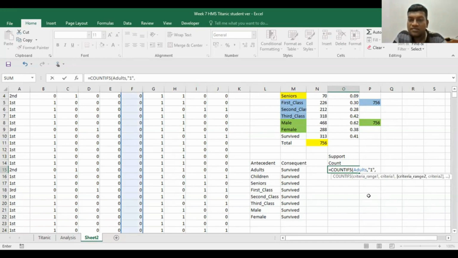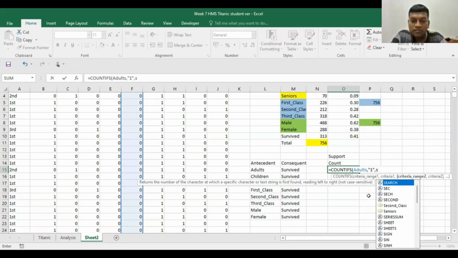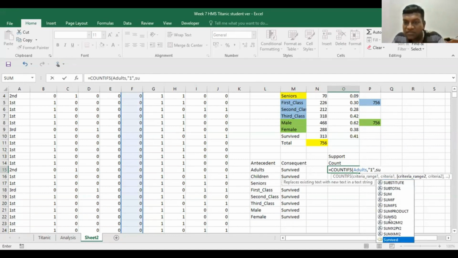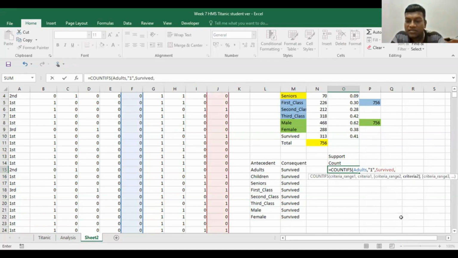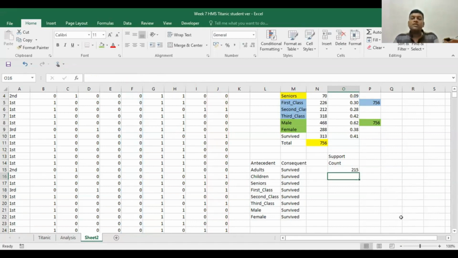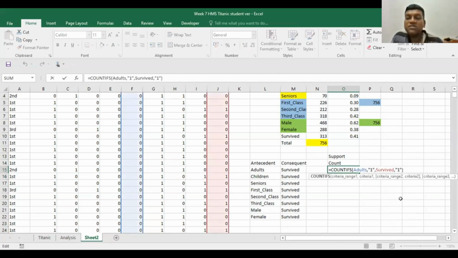And the second criteria is survived, and criteria is again 1. Okay, so essentially what I'm trying to do is count the number of instances where the passenger is an adult and the passenger survived. Okay, if both these criteria are satisfied, it counts.